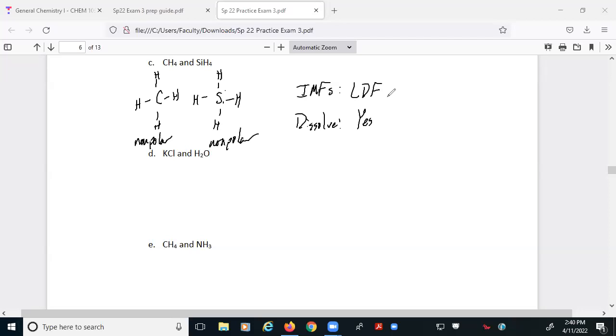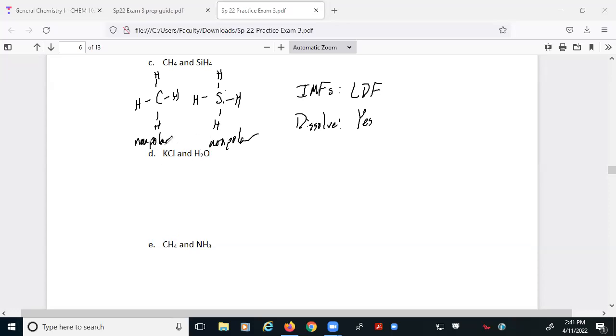And the reason why? It's nonpolar. There are no other dipoles. We're only getting that randomization showing out there. So where would ion dipole come in? We're about to talk about it.